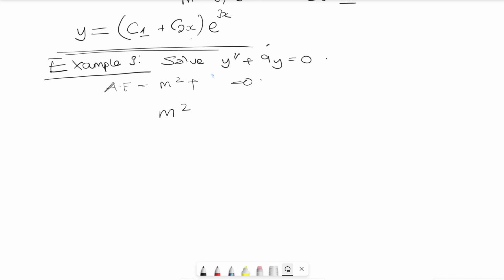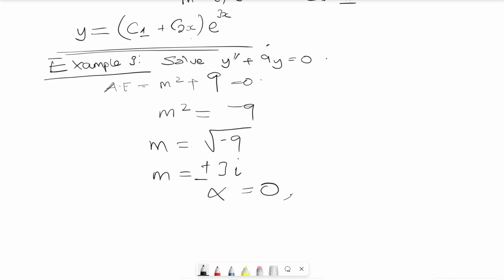This is m square plus 9. So m square is equal to minus 9. m is equal to this. And that's your m will be positive or negative 3i. So the root will be a complex number.